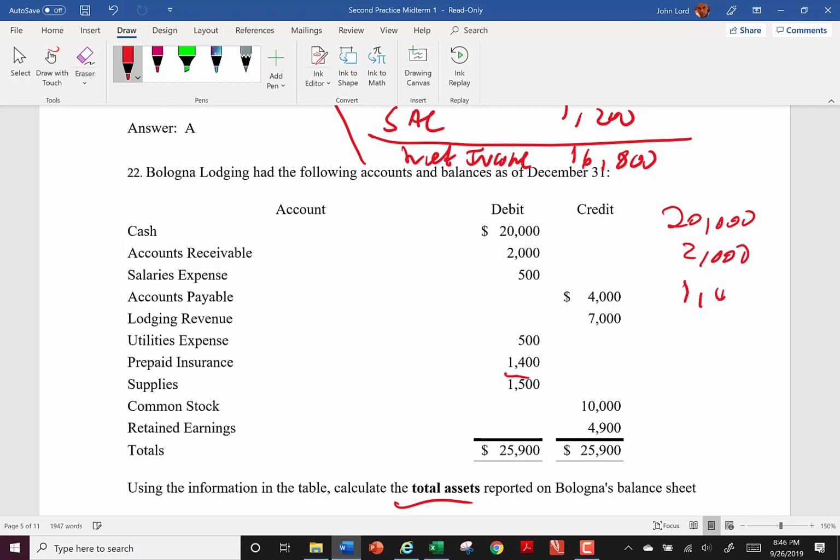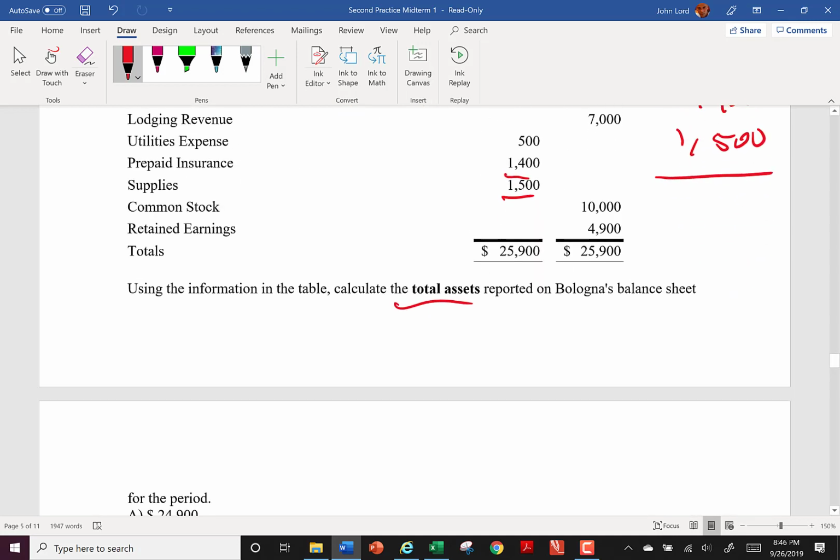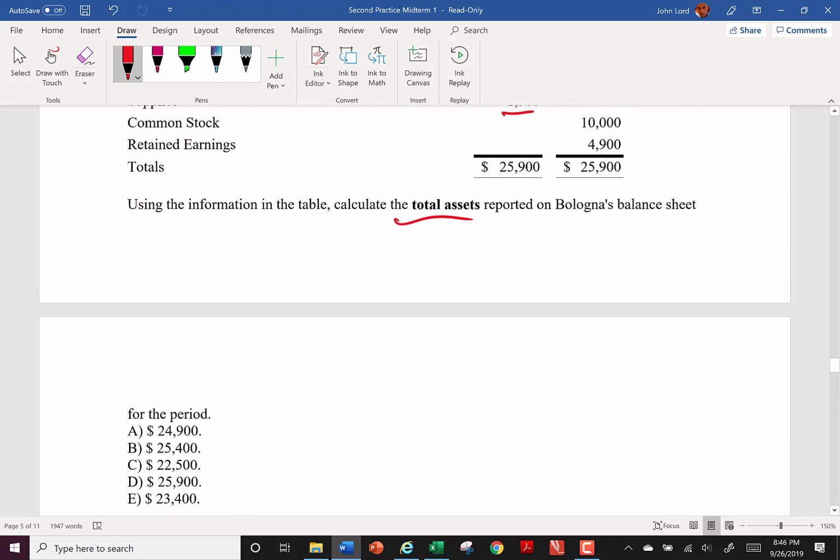Good. Supplies is an asset. Good. Any others? Retained earnings is not an asset. Retained earnings is stockholders' equity. We have 2 stockholders' equity accounts. We have what? Common stock and retained earnings, right? Okay, good. So I add all these guys up. Do I get the right answer, I hope? 24,900?